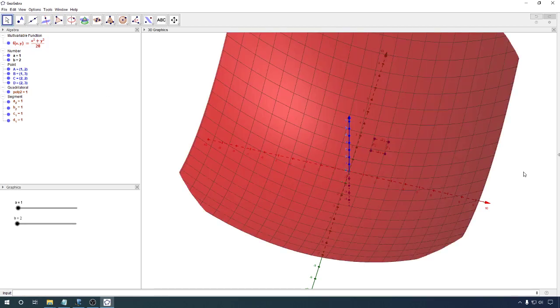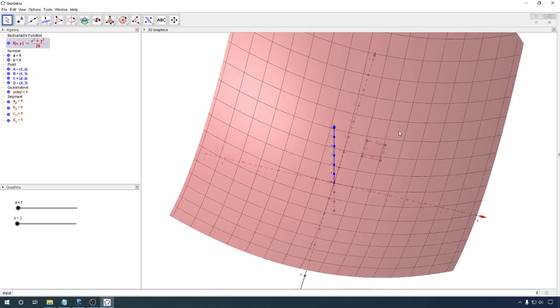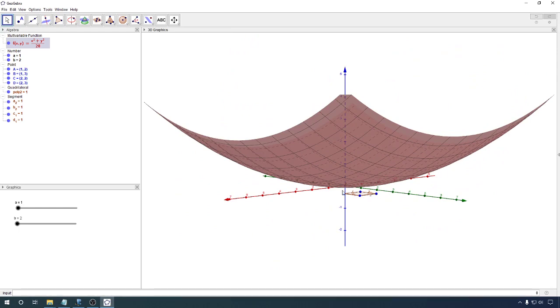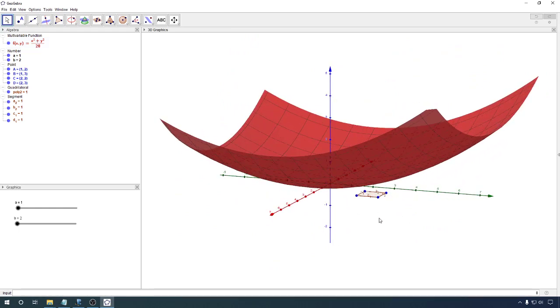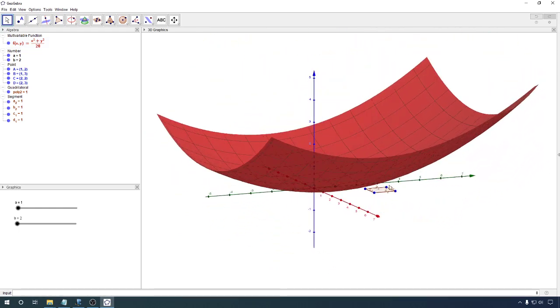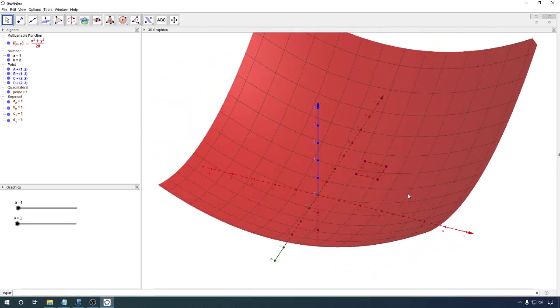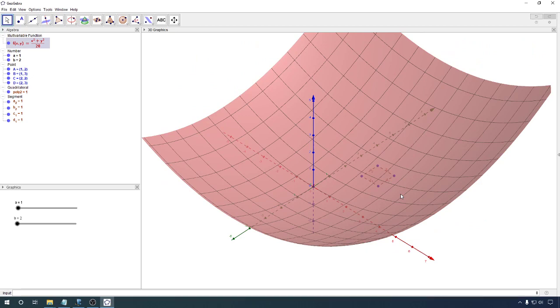Yeah, you have to be careful to go around the rectangle, not along the diagonal. You'll confuse it. But basically, I've got this square down in the xy plane, and I'm looking at the function specifically over that square. And let's cut out what we don't need from this function.